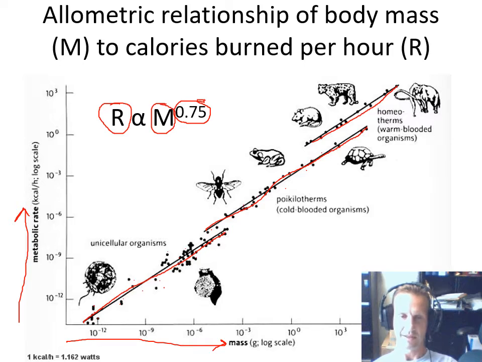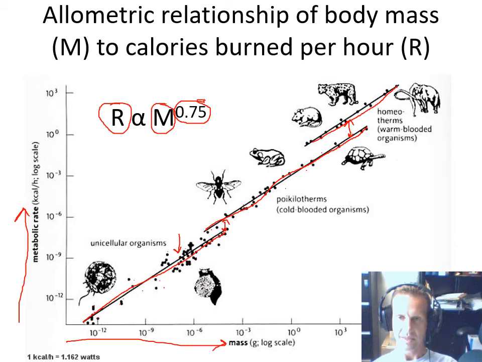So unicellular organisms have a relatively lower metabolic rate for a given size than multicellular organisms do. So there's a shift between the multicellular organism line and the single cell organism line. And also warm-blooded organisms, homeotherms, have a higher metabolic rate at a given body size than cold-blooded organisms do.